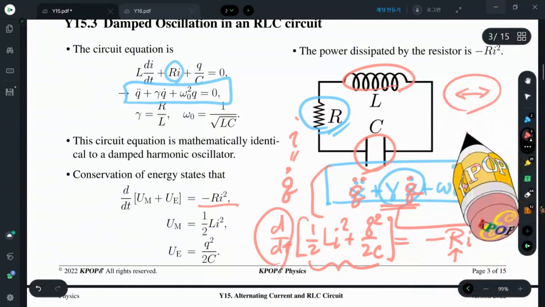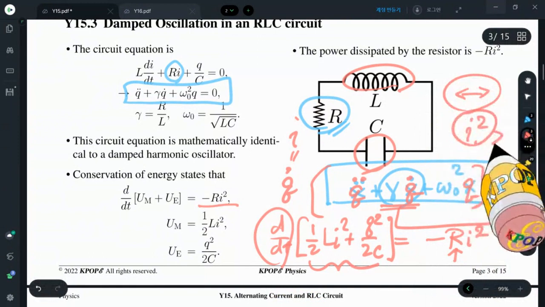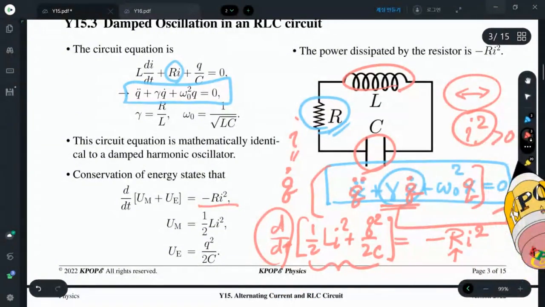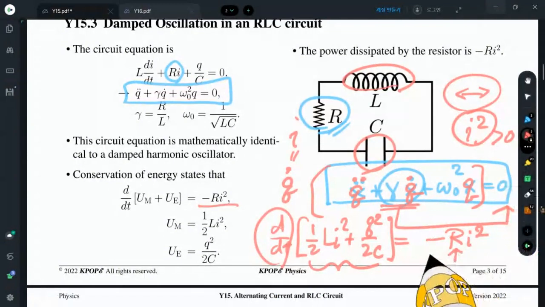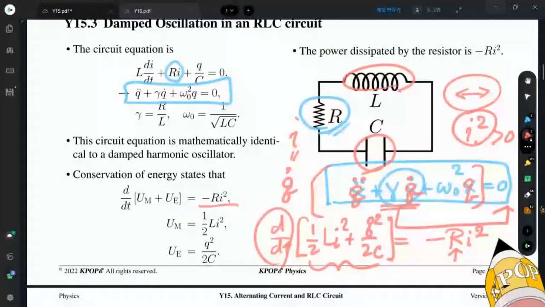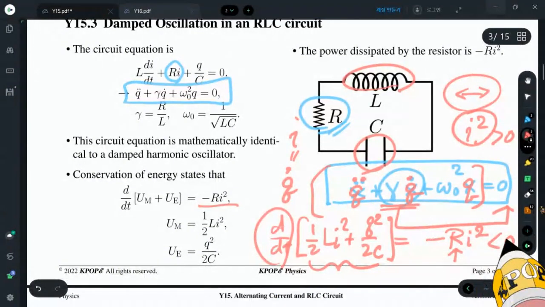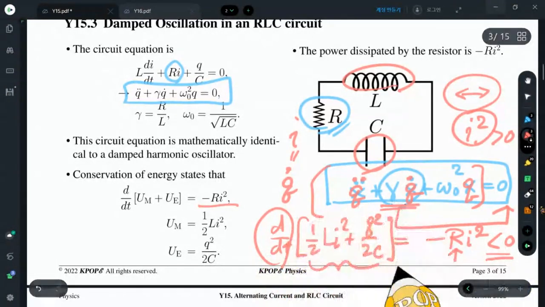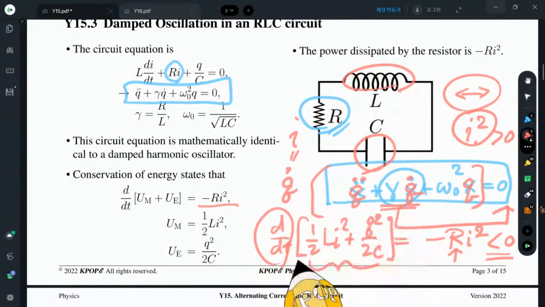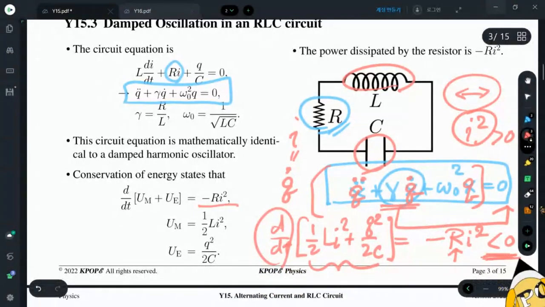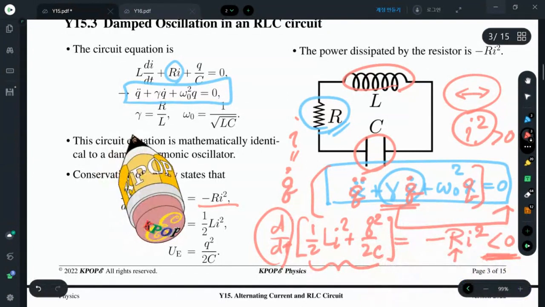So in either case, the square of a real number is positive definite. Therefore, minus R I squared is always negative. What's that? The total electromagnetic field energy decreases, the energy is attenuated.